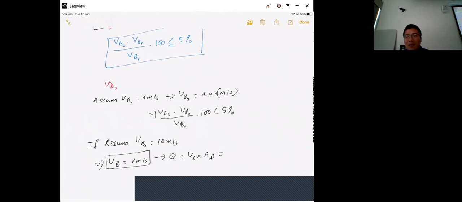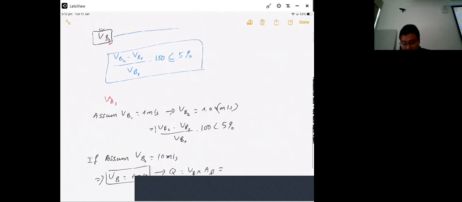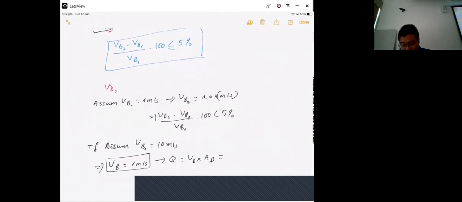Do you have any question about how to find VB in real flow? This one is real flow. Okay, thank you. So you will have Q around 0.03 cubic meters per second. This is the first question.